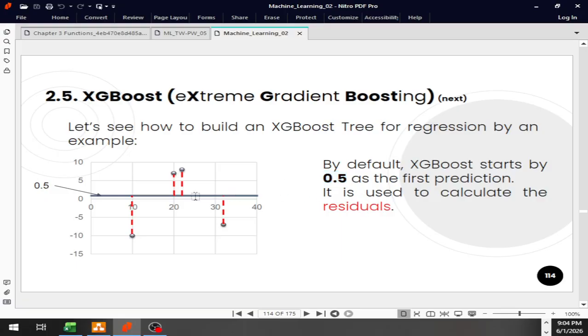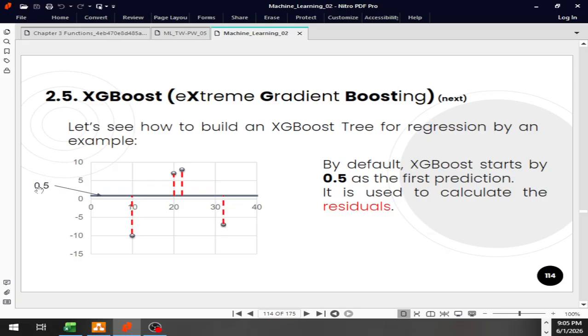So we start by a dummy prediction. As you can see, this is 0.5. It's arbitrary, and then we see the errors, and then we try to predict or understand how these errors are happening and try to reduce them.